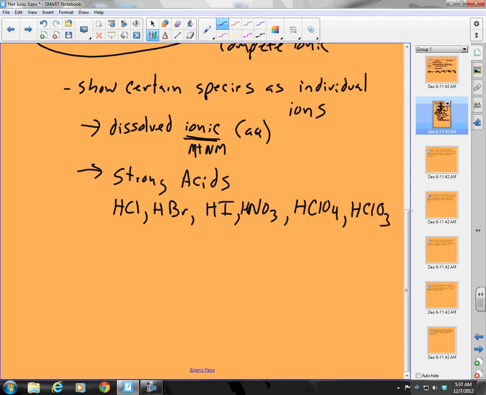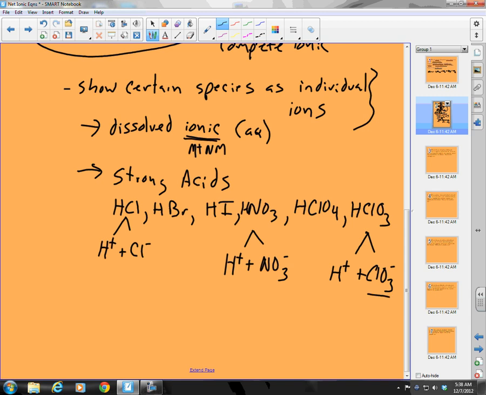In a complete ionic equation, hydrochloric acid would be written like this. Nitric acid would be written like the two ions which make it up, and chloric acid would be written like this. So that's what we mean when we say certain species are displayed as individual ions.